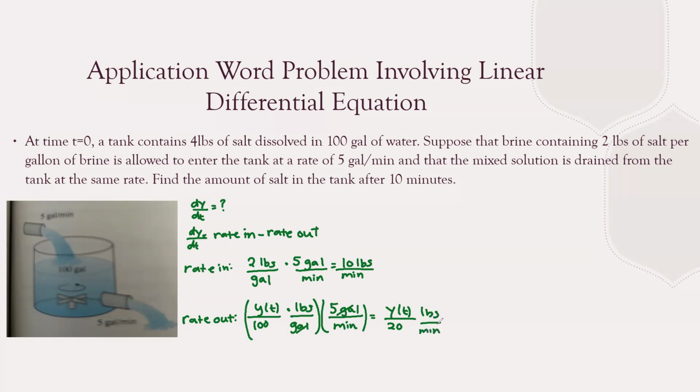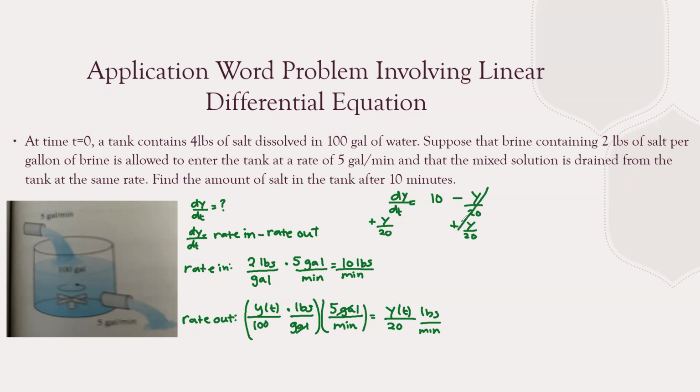Okay, so now we can find our dy/dt. Our dy/dt is the rate in, 10, minus the rate out, y over 20. Now that we found our dy/dt, this is a linear differential equation, so we have to put it in standard form. I have to move this negative y over 20, so I'm going to add y over 20 to both sides.